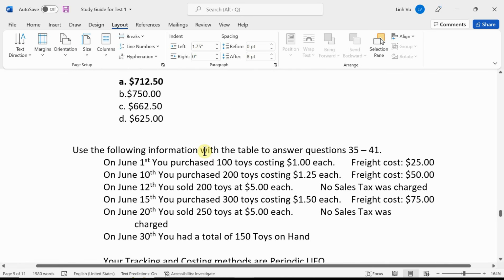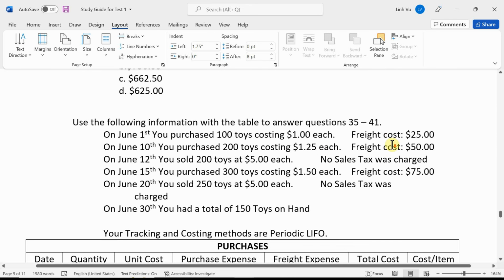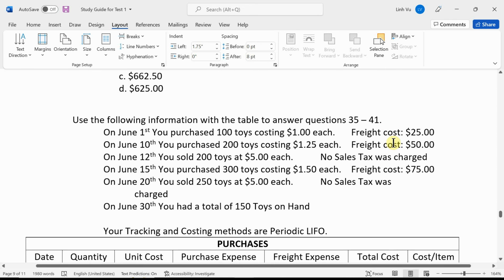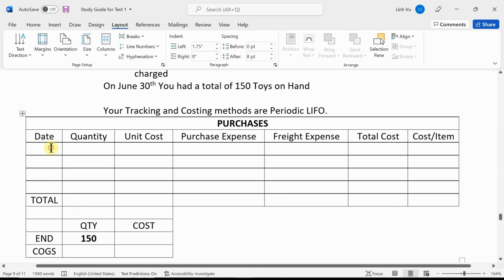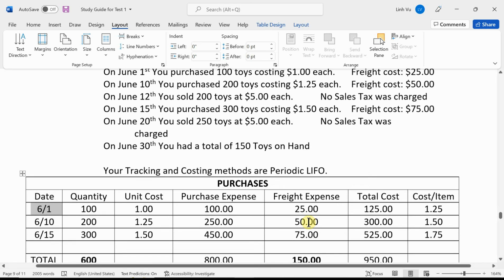Last example here, but this time we're going to be answering questions 35 through 41. Same exact scenario here where we purchased 100 on the 1st, then purchased 200 on the 10th, then purchased 300 on the 15th. So this one is the same except one thing is different, right?